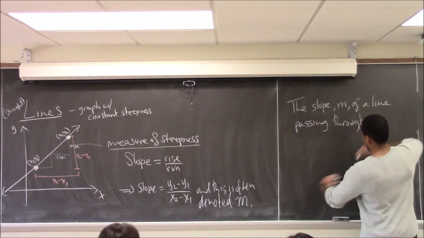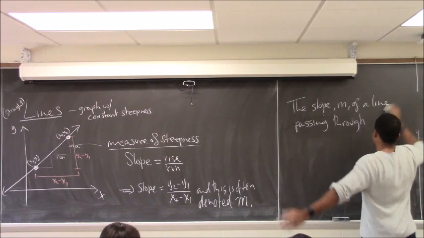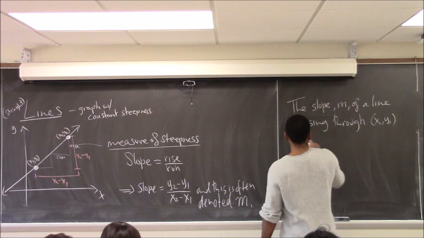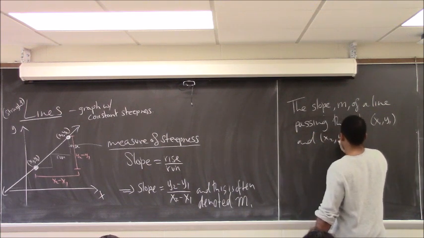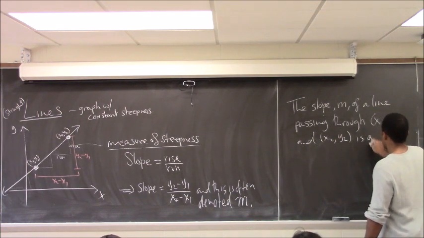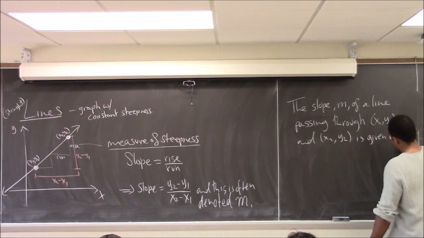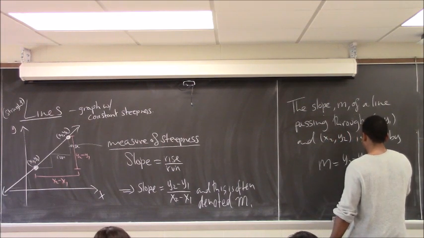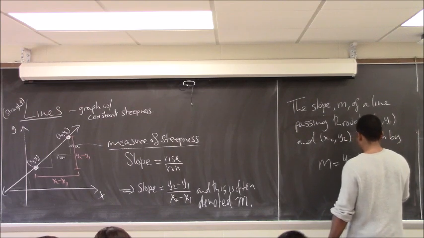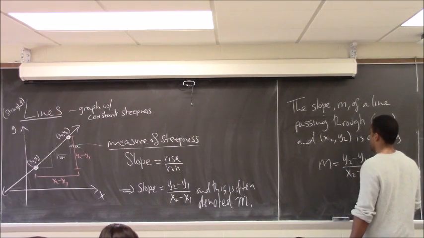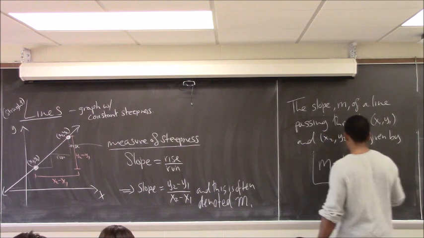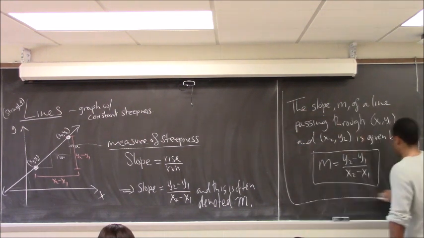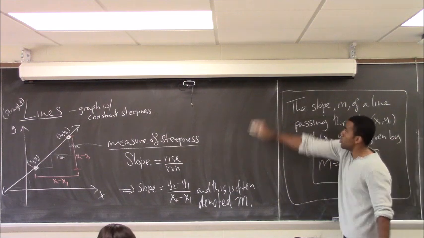But the line will pass through these 2 points and go on forever, passing through x1, y1, and x2, y2, is given by m equals y2 minus y1 over x2 minus x1. That's the important formula. Of course, it's important to know that that's how you get the slope.